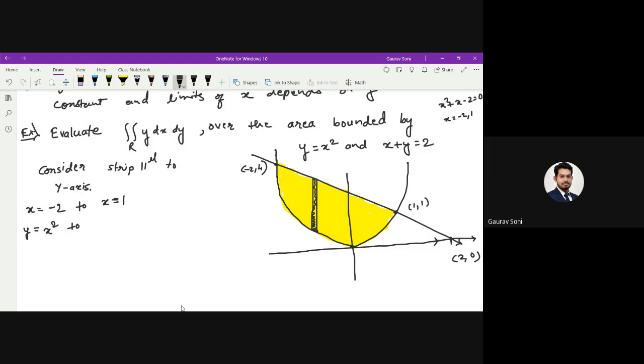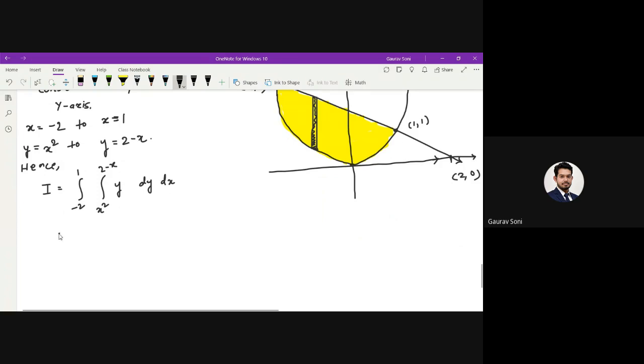On the line, the value of y is 2 minus x. Hence, put the limits now. Hence, I is equal to the integration from minus 2 to 1, x square to 2 minus x, y dy dx.